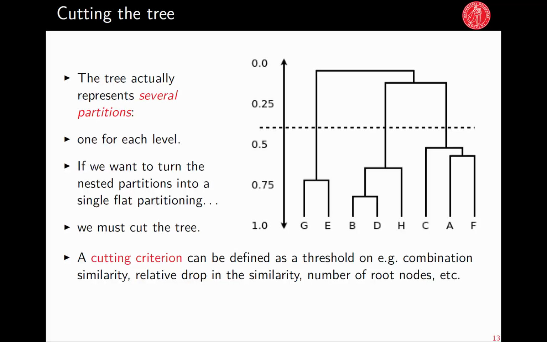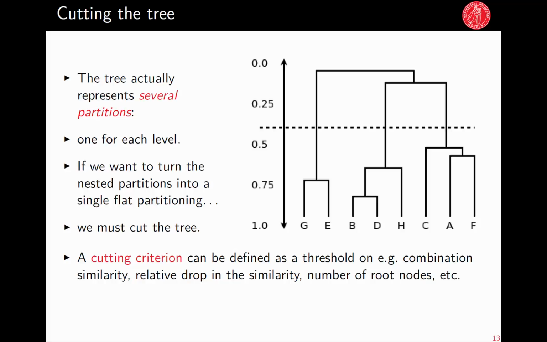We would like to be able to say that these 5 clusters or these 5,000 clusters are our clusters, our classes, our groups, rather than working with this entire tree structure. So in practice, what's typically done is that we need to define some way of cutting this tree to obtain a set of flat clusters.